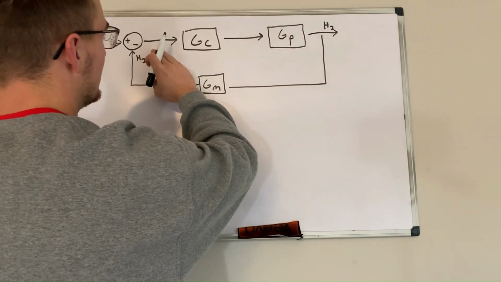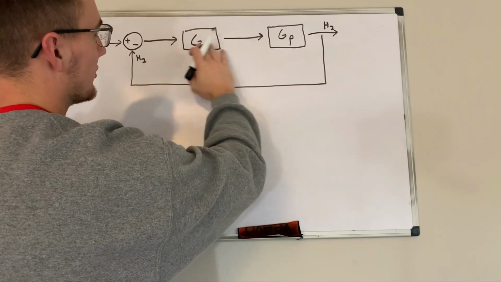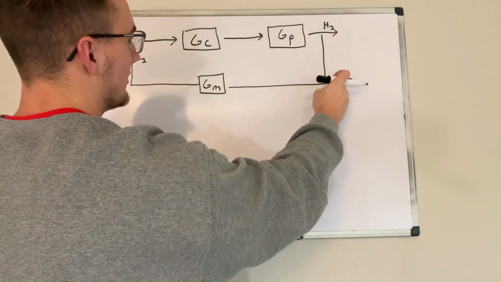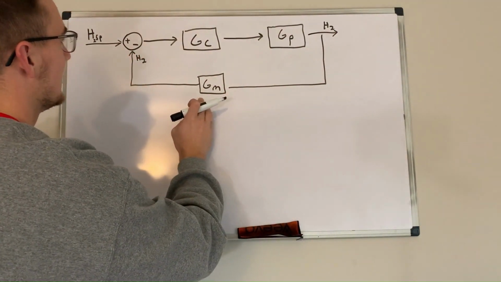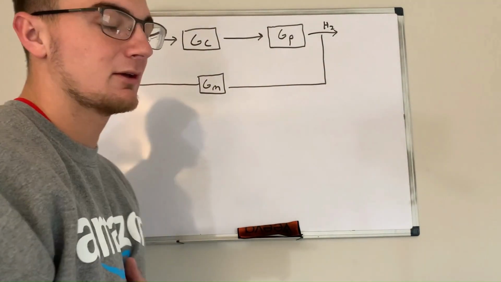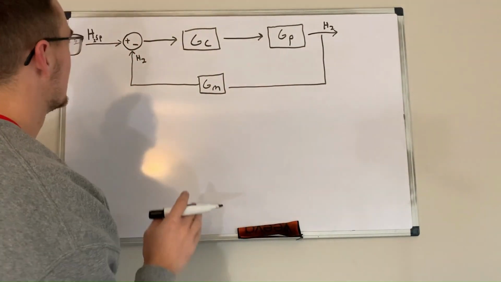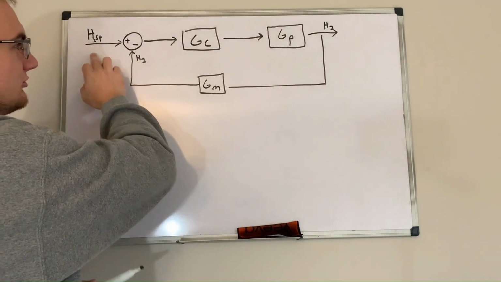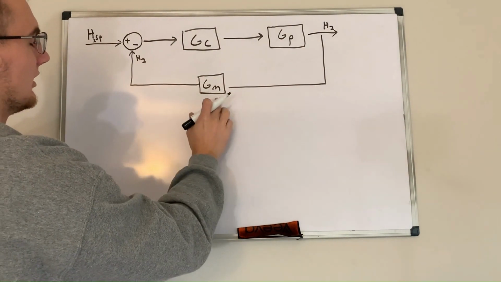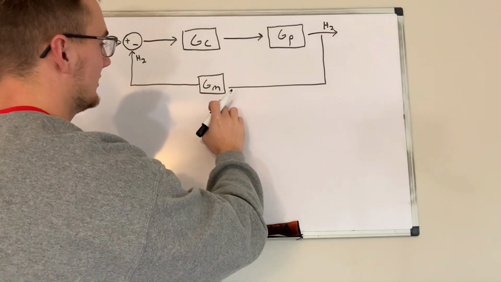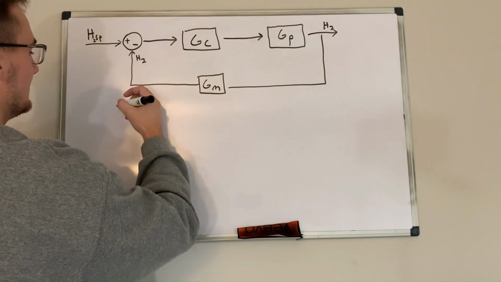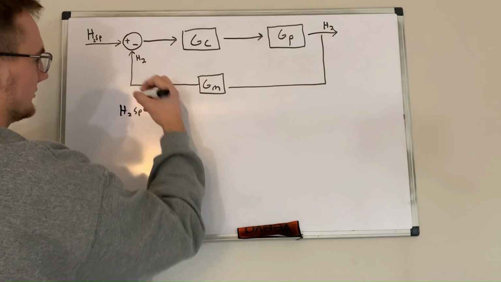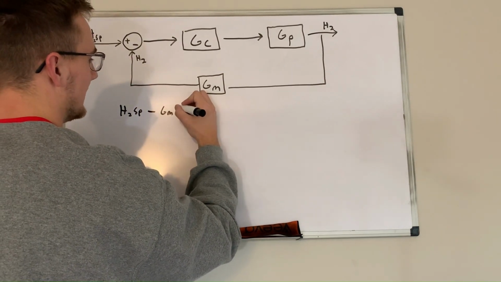This is what we call the forward direction of our feedback control, this GC and GP, and then we have our backwards transfer function here, this GM back up to our comparator. If we want to set this up as an equation, we have our H2 set point, and then we subtract GM, our measurement transfer function, multiplied by H2. So H2 set point minus GM times H2.